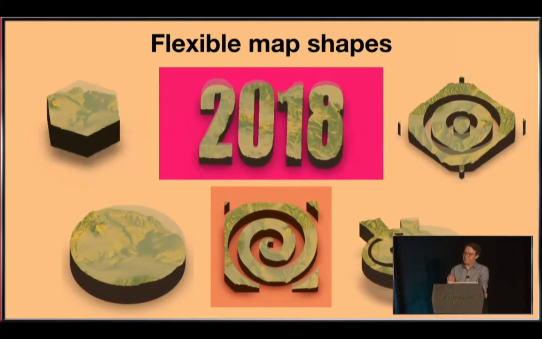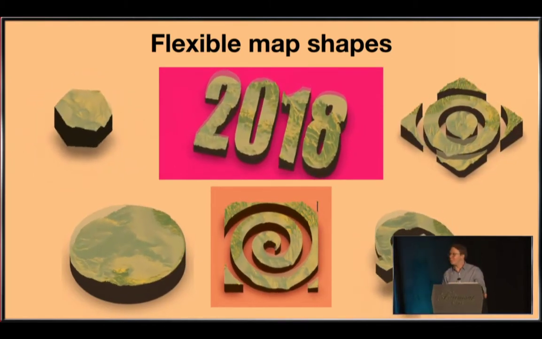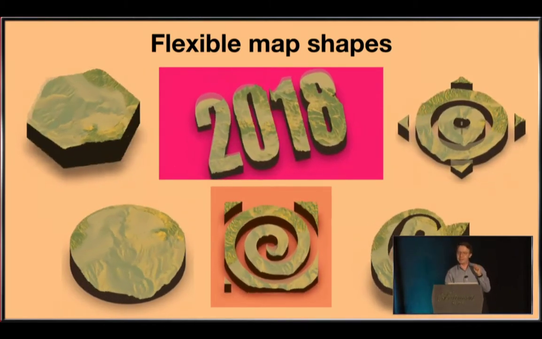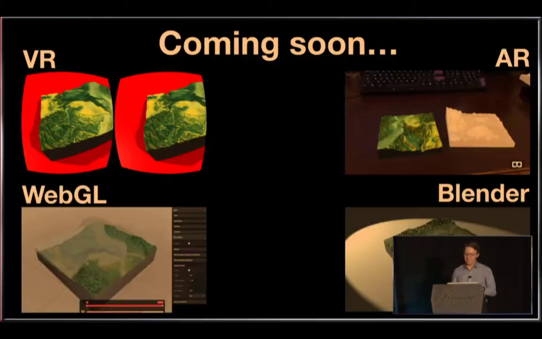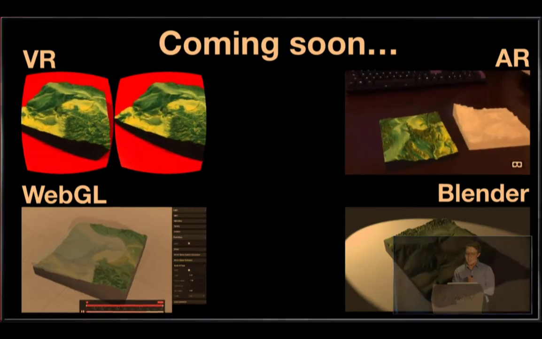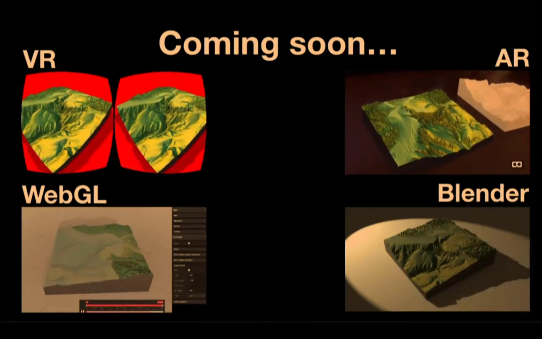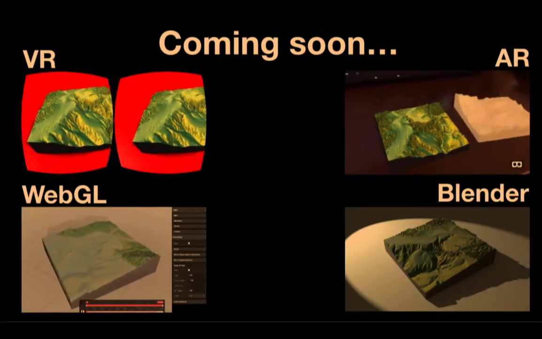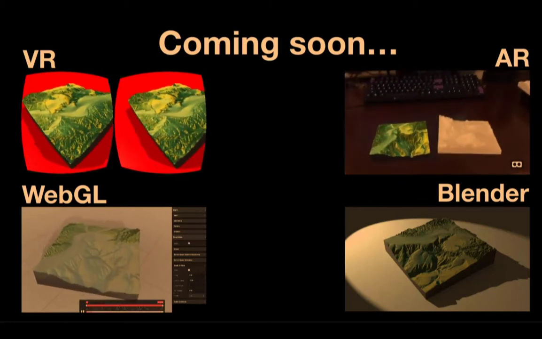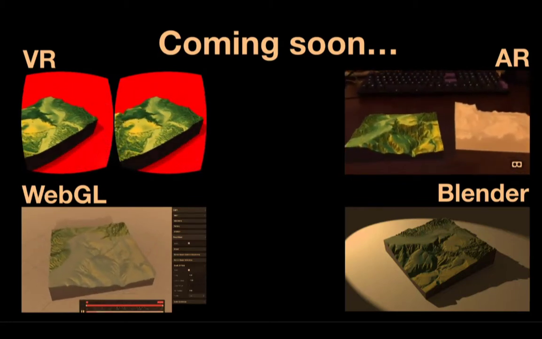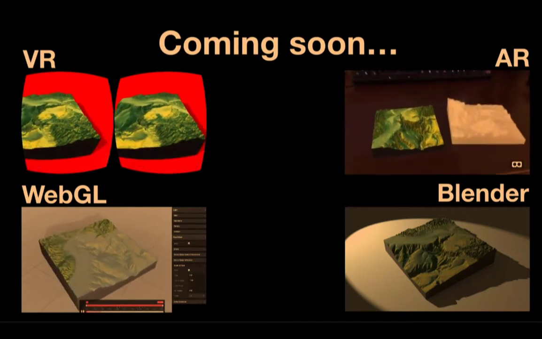So all of that covers the current state of rayshader, but there's a lot of cool features coming soon, several of which I'm excited to announce for the first time here at RStudio Conference. So soon, you're going to be able to explore your rayshader visualizations in virtual reality, augmented reality, as compact HTML embeddable 3D assets, and in external 3D software such as Blender.